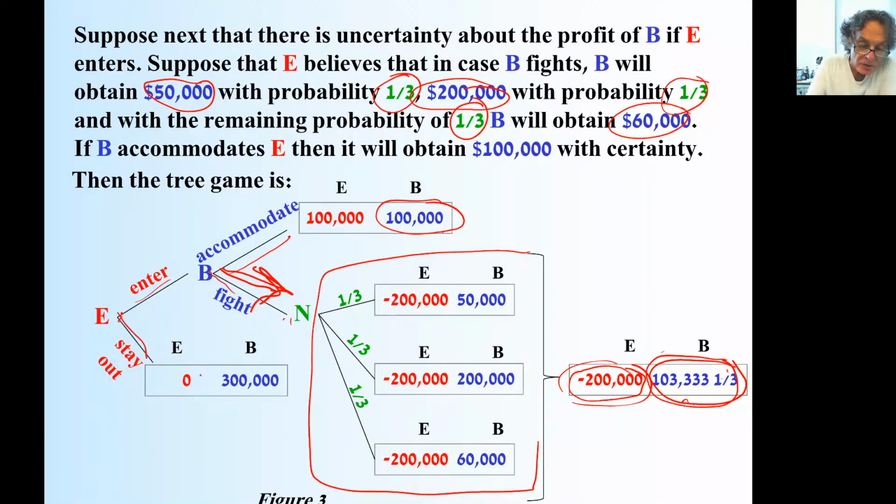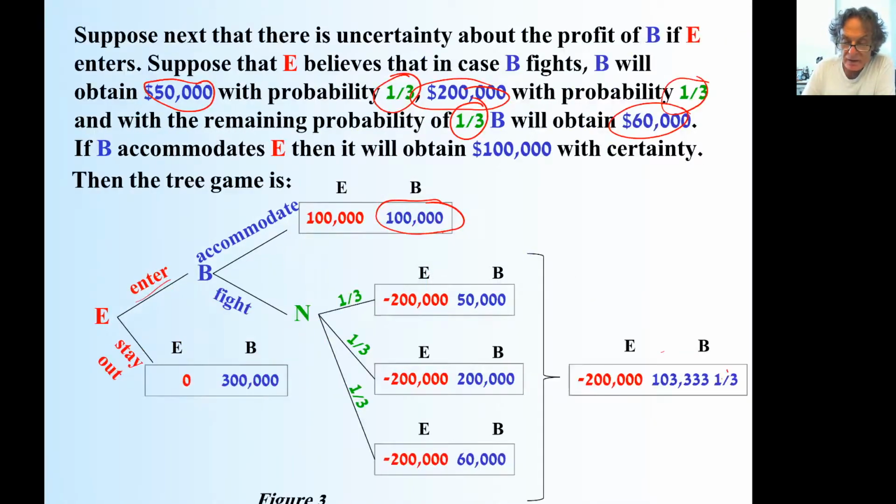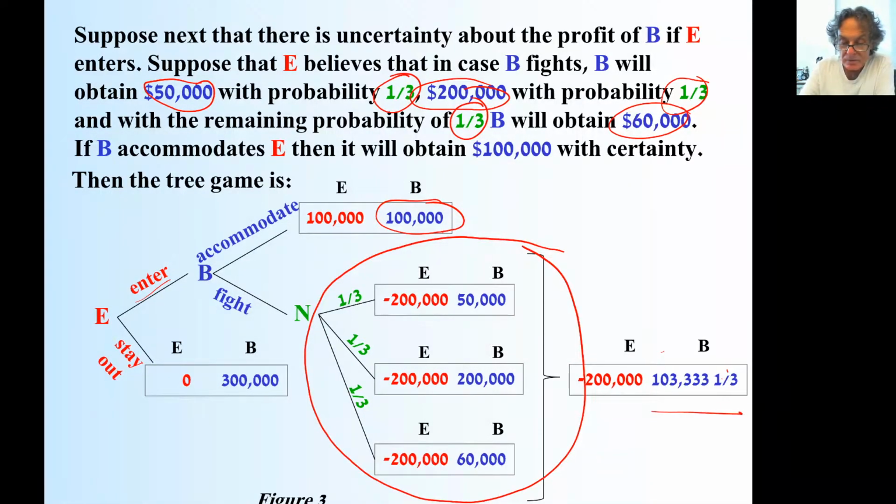If he stays out, he gets 0. So obviously, in this case, he will stay out. So I'm going to replace all this by this amount, because I know what happens if I go to fight. Then E gets negative 200,000 and B is going to get an expectation of that much. So I replace it with a new equivalent game.